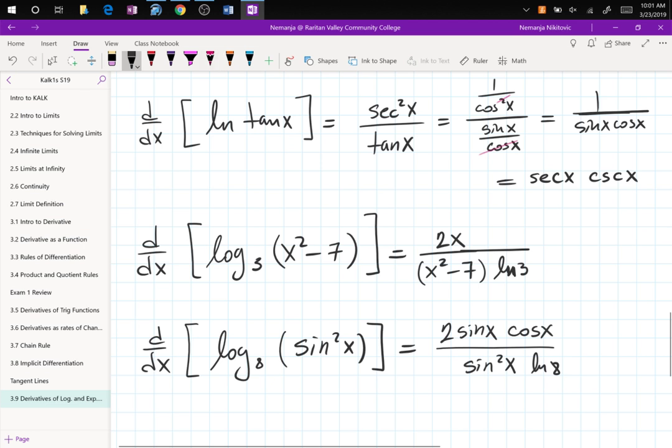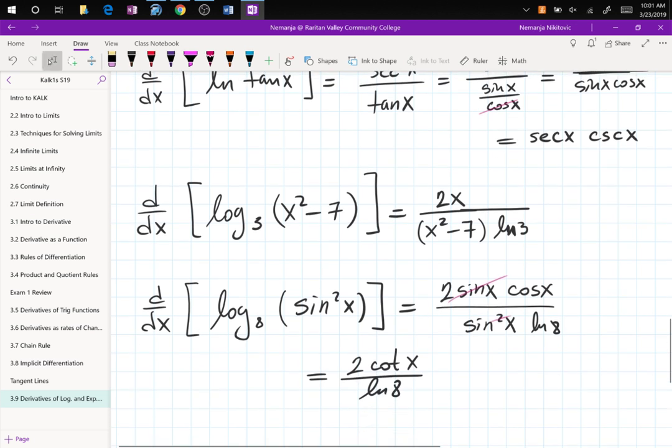So now one of the sines cancels, and what's cosine over sine? Cotangent. So we have 2 cotangent x divided by ln 8. ln 8 is a number.